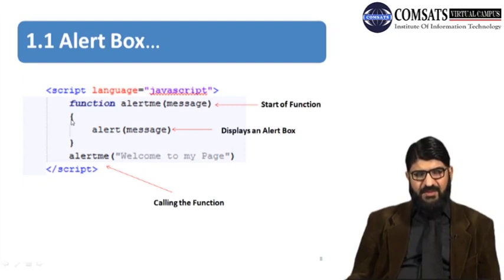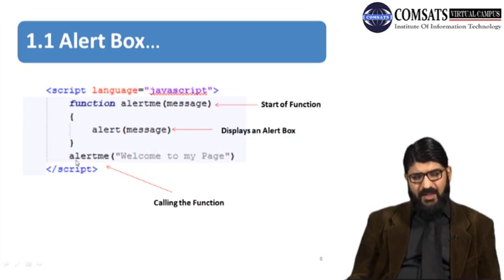Then the bracket starts for the function, and the syntax for the alert box is written, that is alert, and then the message wording is passed to the alert function, and then the brackets close for the function.